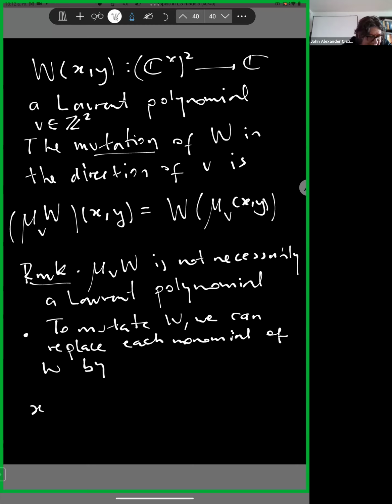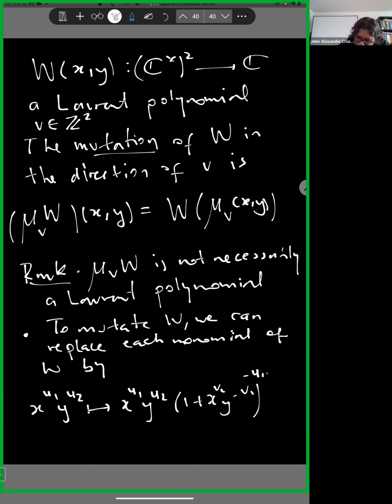You have a monomial x^u1 y^u2, and we replace it by x^u1 y^u2 (1 + x^b2 y^-b1)^(-u1 b1 - u2 b2).